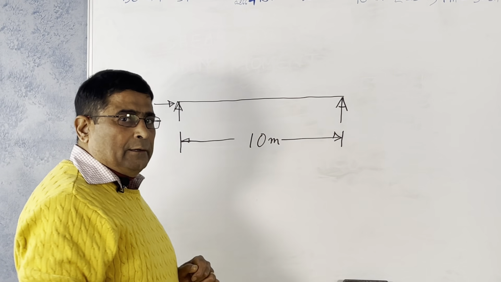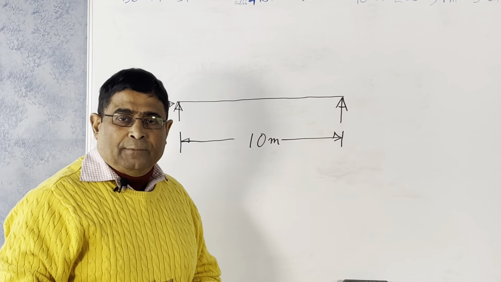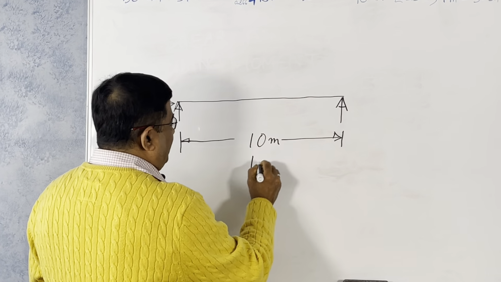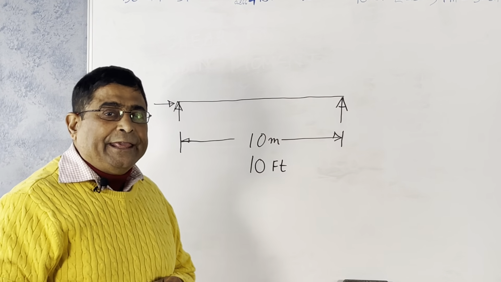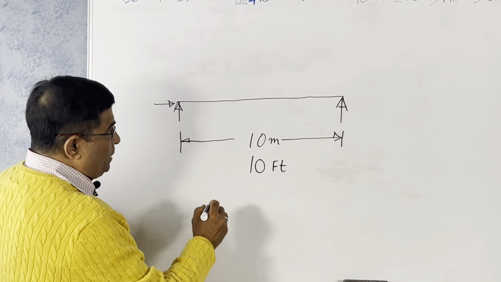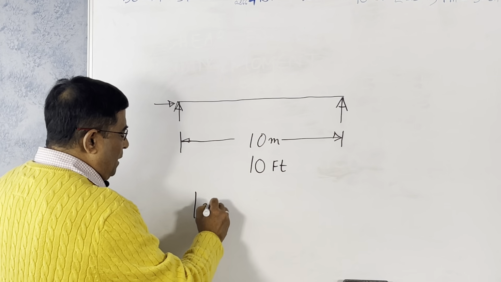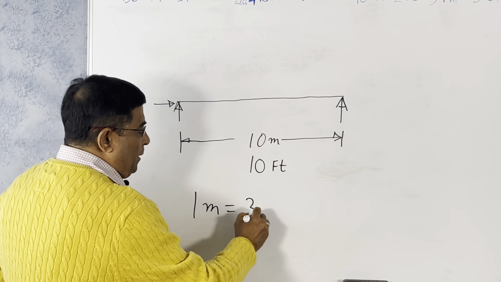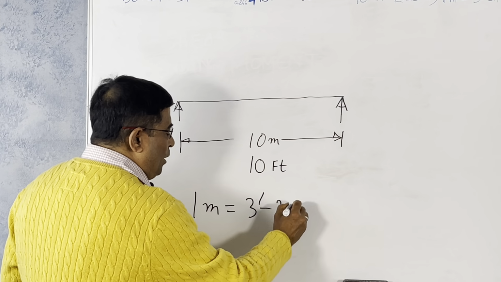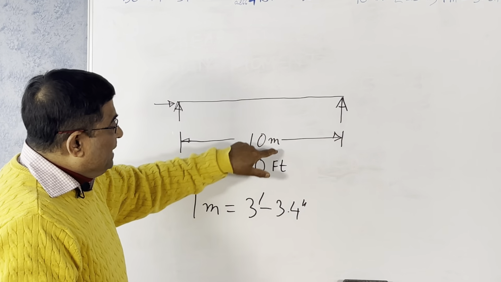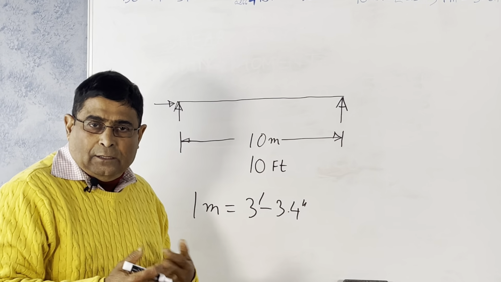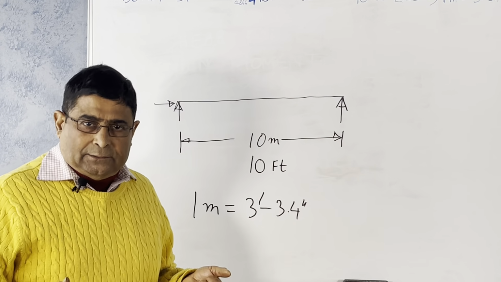Those who are using the American system, consider it is 10 feet. But feet and meter are not equal. You should know that 1 meter equals 3.34 feet. But I am changing the unit so that the unit doesn't matter.